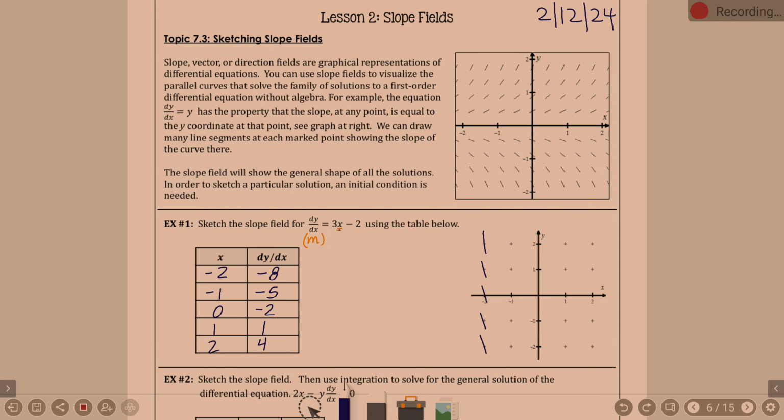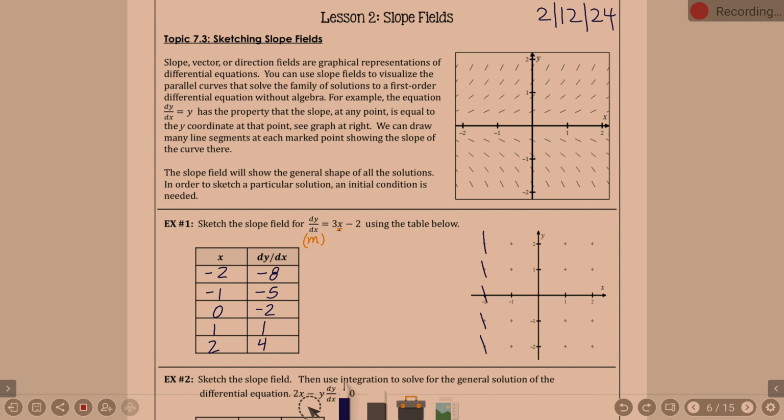What do we know when x is -1? The slope is -5. Now think in relation: what do we know about a slope of -5 in relation to -8? It's a little bit less. Still pretty steep, but a little bit less steep, and still negative.